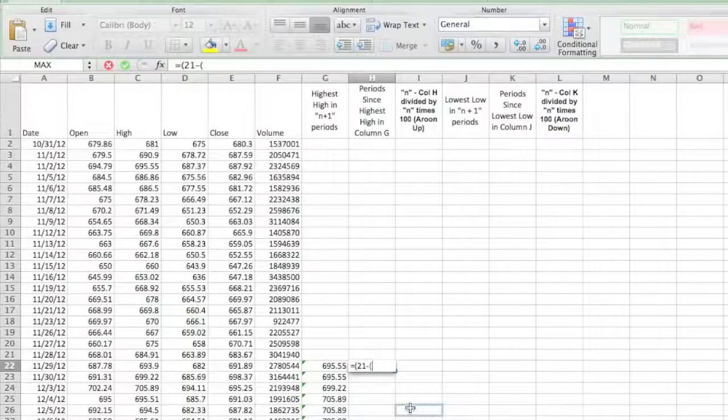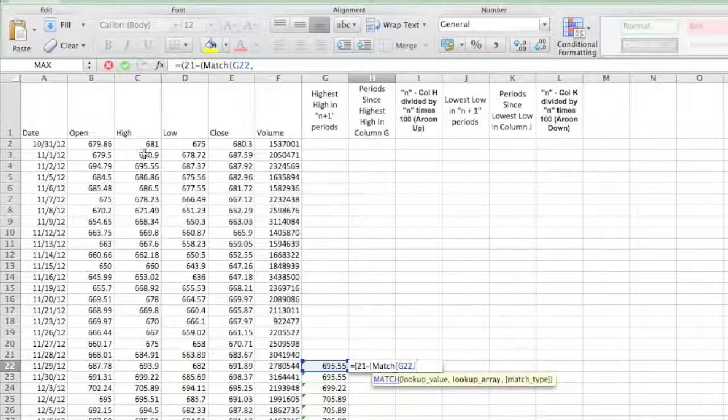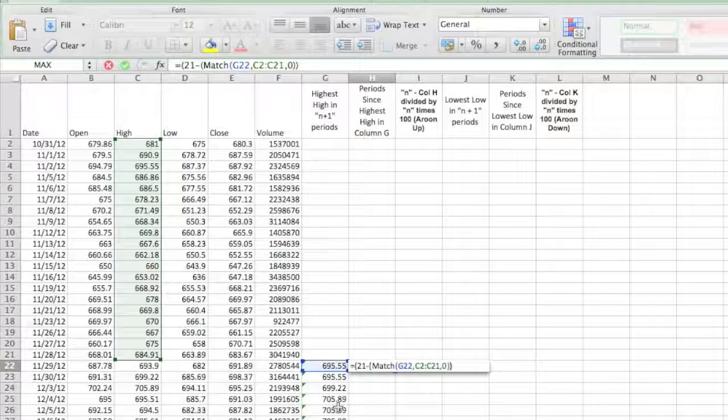minus, and we're going to have to write a match function. So match this value here, then comma, then you highlight where it is to be found, comma, and then 0. Close the parentheses.